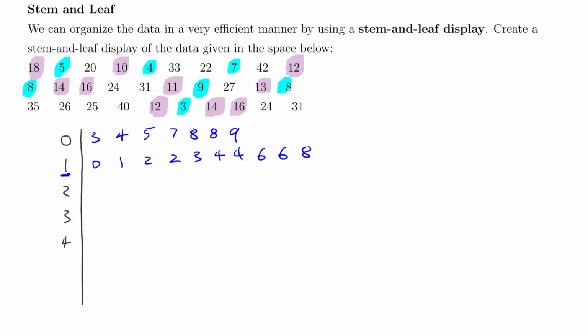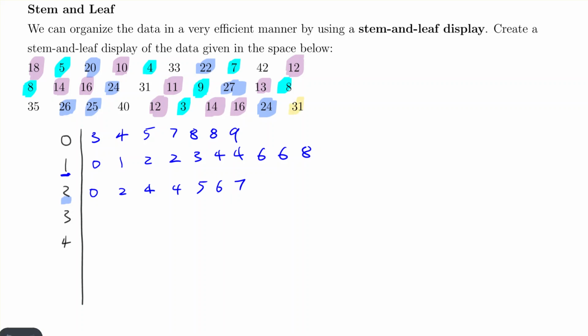Let's do 20s. They're 20, 24, 25, 26, 22, 27, 24. Again, we must write in order, smallest to greatest. So I have 20, 22, 24, 24, 25, 26, 27. So let's look at 30s.